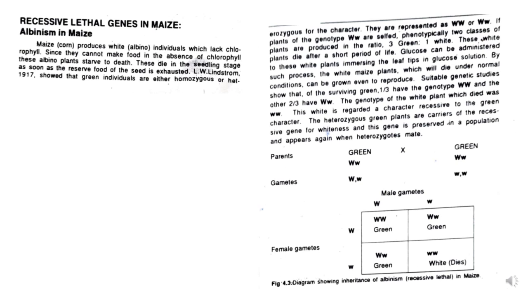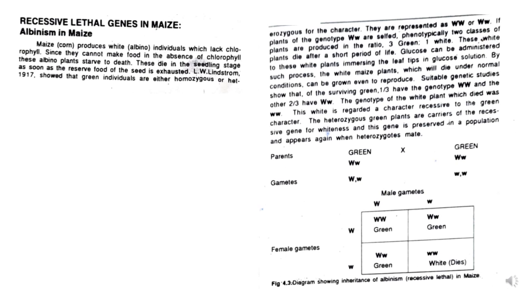Some genetic studies show that the surviving green plants, which are 3 in 4, have the genotype we have just discussed, that these greens are either homozygous dominant or heterozygous. So the genotype of the white plant which died is homozygous recessive, and this white is regarded as a character recessive to the green character.